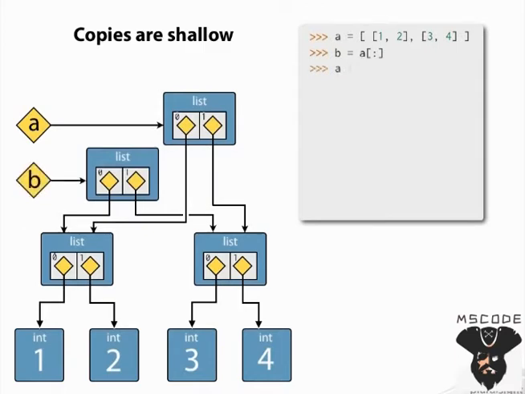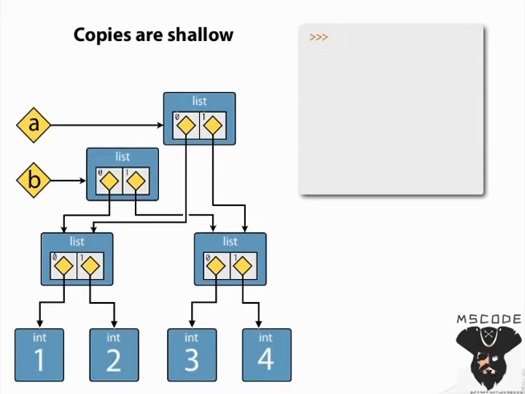We can confirm that the lists are distinct objects by testing with A is B, which returns false. They do, however, contain equivalent values, which we can test with A == B, which returns true. Not only are the elements at A[0] and B[0] equivalent, they actually refer to the same inner list object.